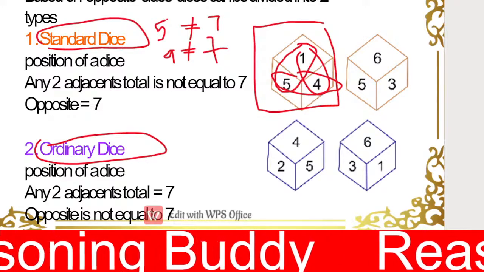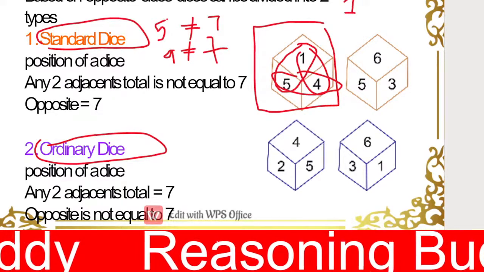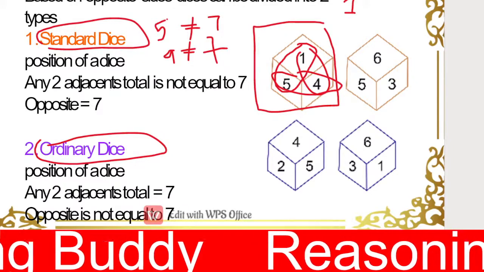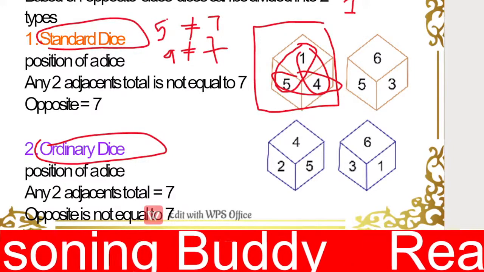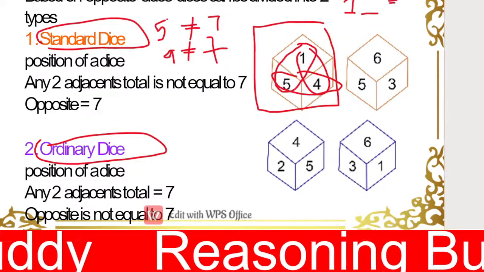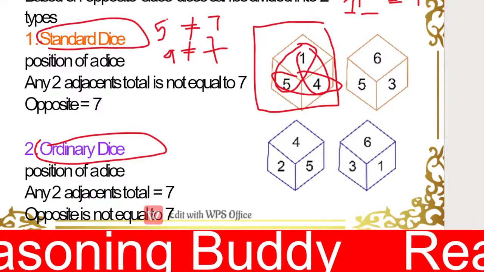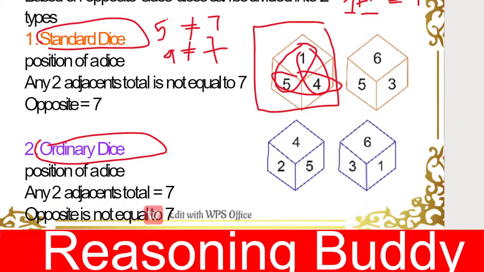If you take the opposite of 1 in this case, you have to add a number which makes 7. The sum of 1 and another number should be 7, so that is 6.